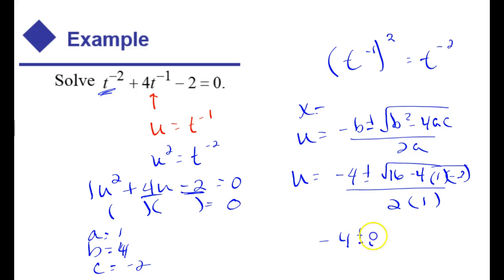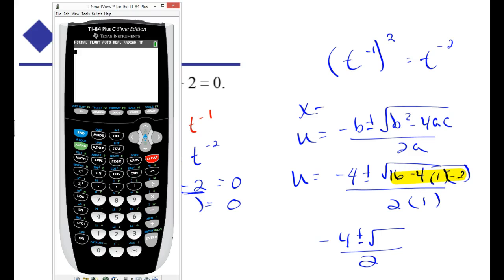So negative 4 plus or minus the square root of, and again, I would just take a calculator and type in this. 16 minus 4 times negative 2 is 24.